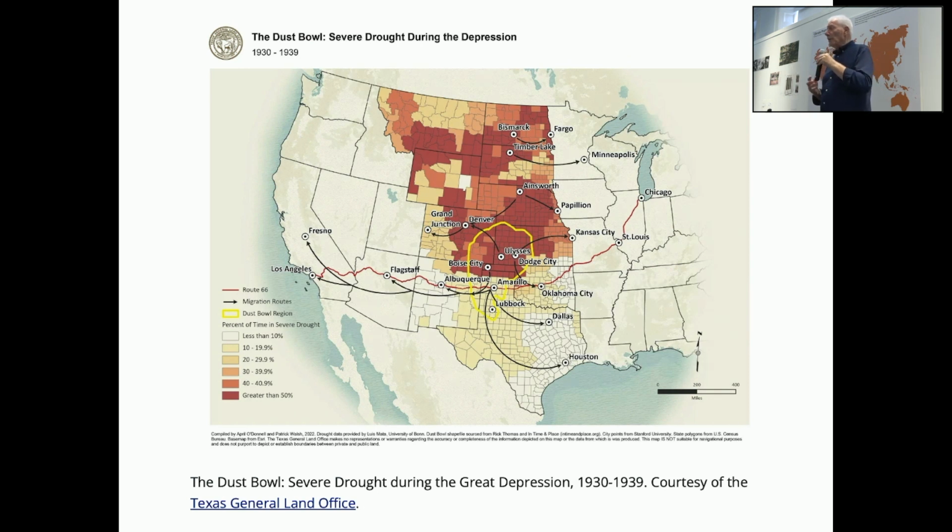Around about the same time, we start, at least in the US, to experience what were called the dirty 30s. It was a 10 to 12 year drought, which in terms of the climate history of the US is very short. So one of the things to understand when you're studying the history and the climate of a particular place you're interested in, look at the history.